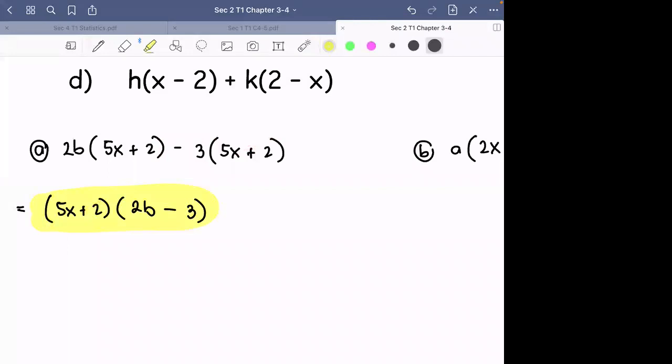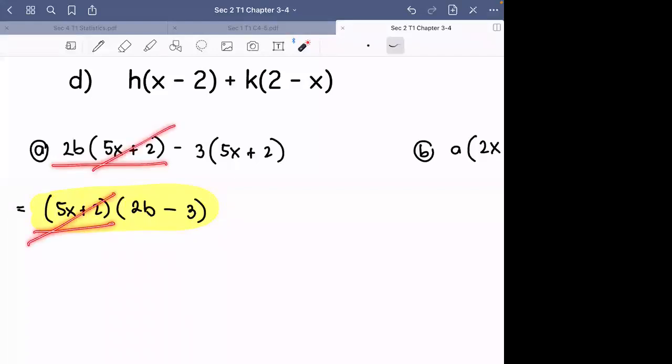Do you have any question, class, for letter A? Again, your common factor here is not just 3x or 3y. It's now an expression. It's 5x plus 2. And then after that, we divide each term by 5x plus 2. So 2b times 5x plus 2 divided by this.